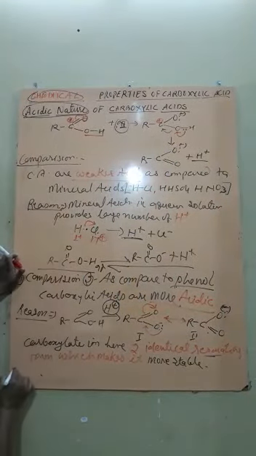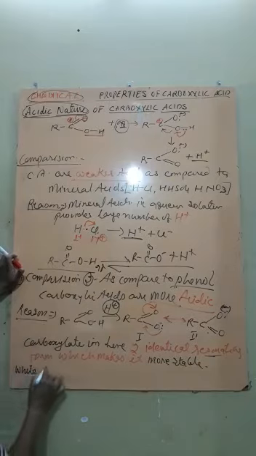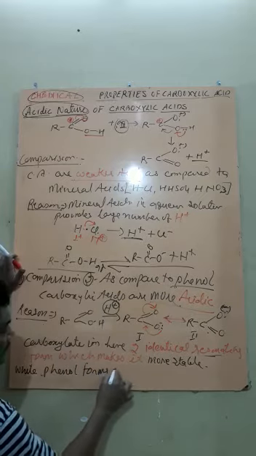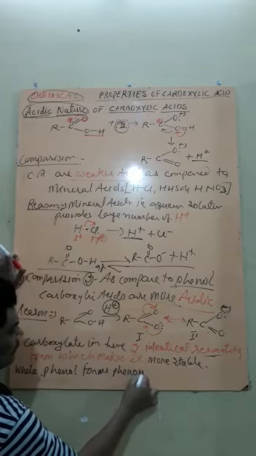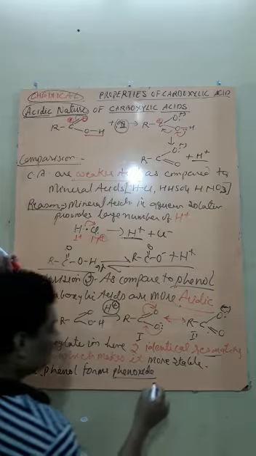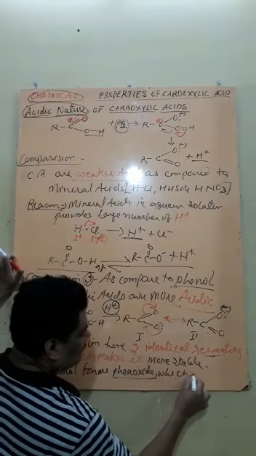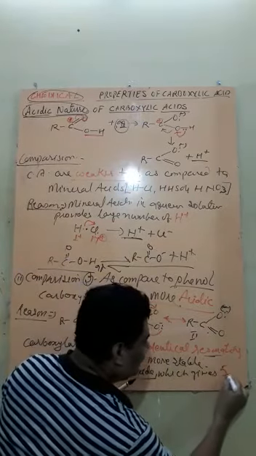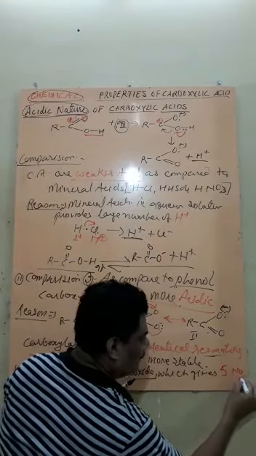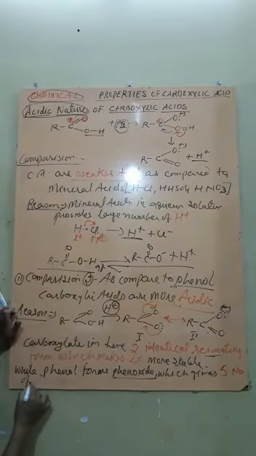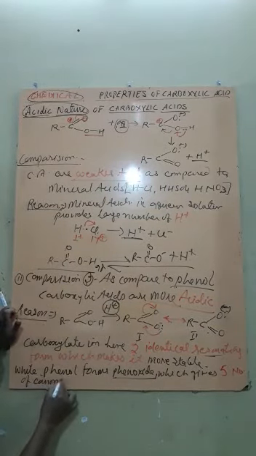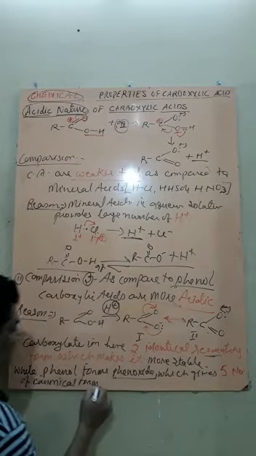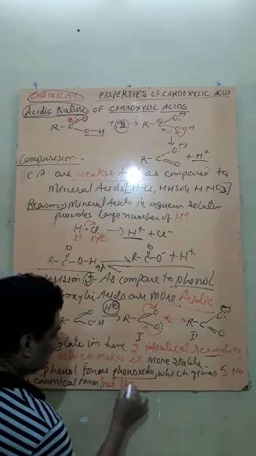While phenol forms phenoxide, which gives a high number of canonical forms. But the problem is what?